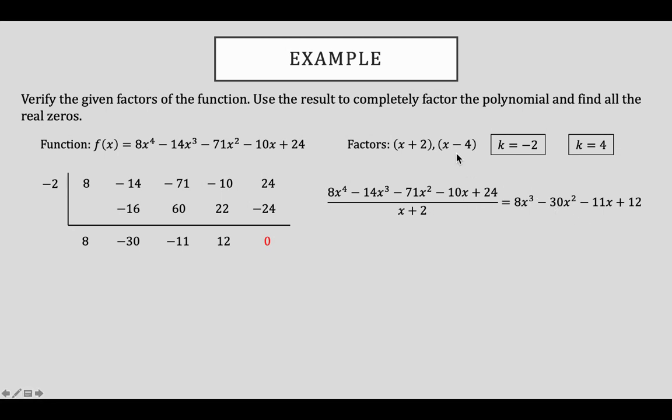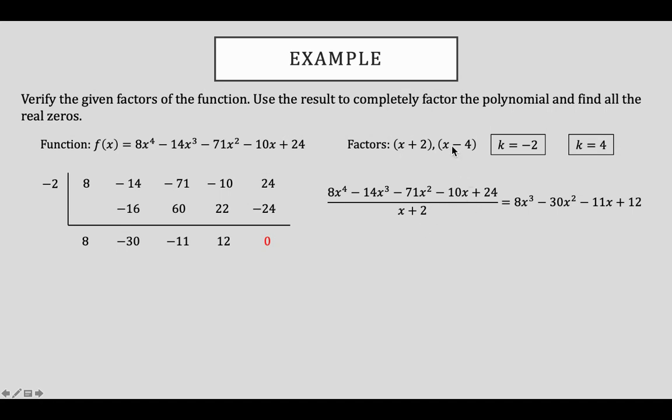Now, let's show that x minus 4 is also a factor. Rather than do our synthetic division from the get-go over again, what we can actually do is continue our synthetic division off of the division that we have already completed.